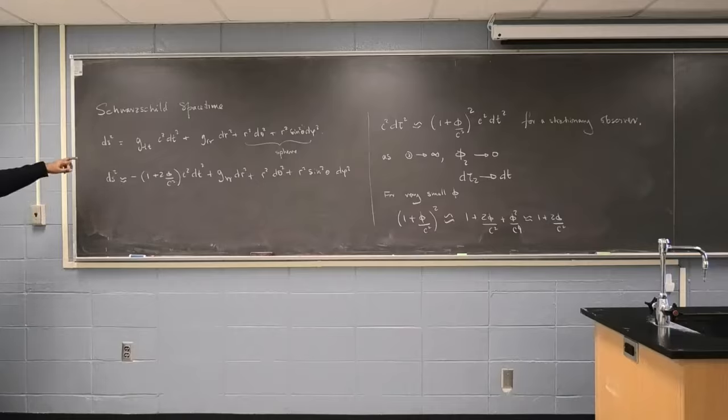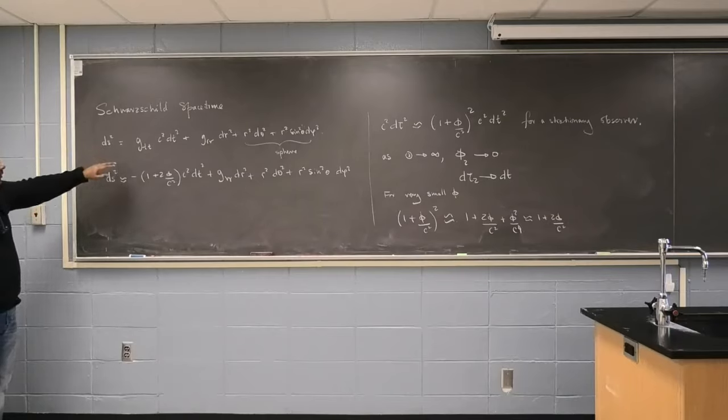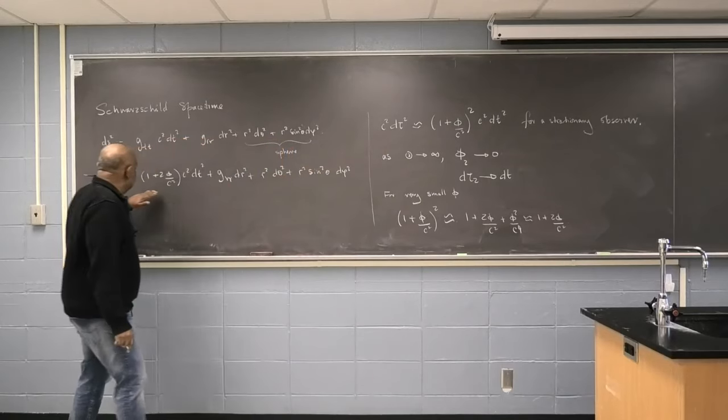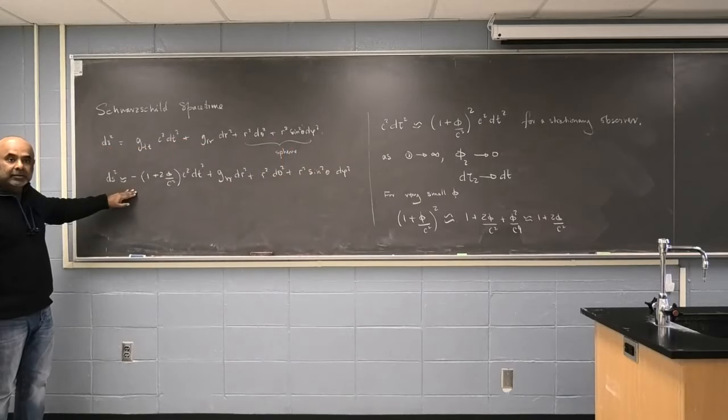How come when I went from there to here, I got a minus sign? g_tt would be the first index, right.